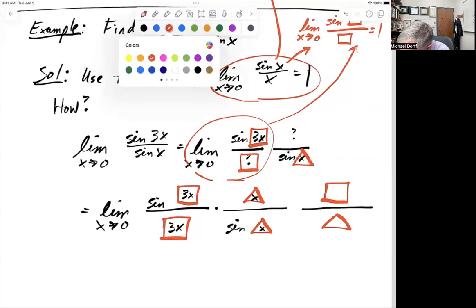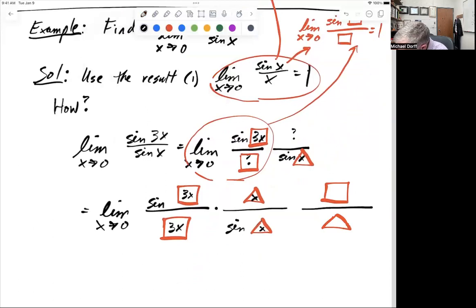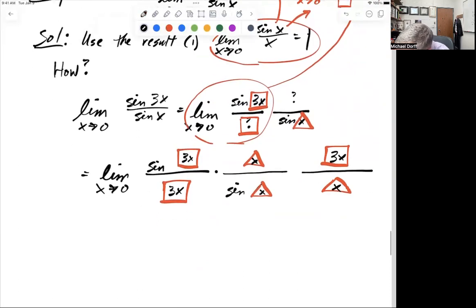So now I have those balanced out, and I have a 3x in the box and an x here. If I look through this, basically what I've added, this and this cancel out and this cancels out, and I have my original sine of 3x over sine of x.